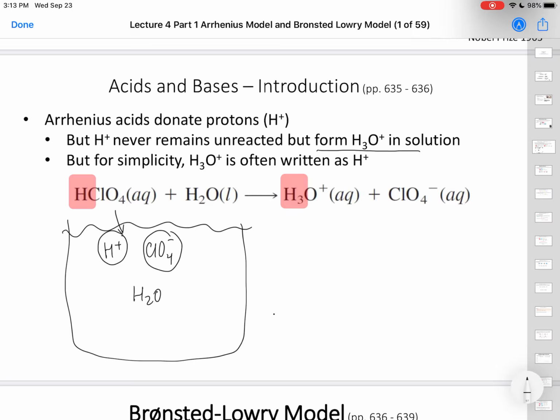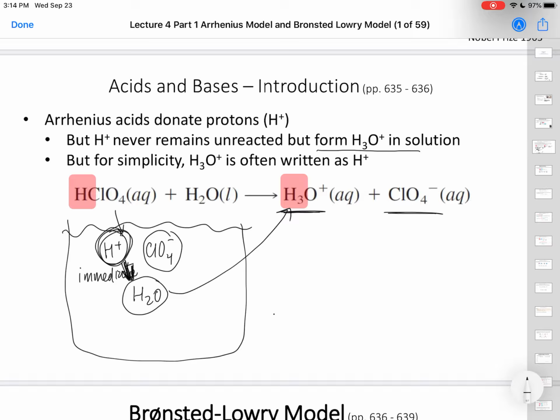And so H+ will immediately see a water molecule and form H3O+. So really, once HClO4 dissociates, it immediately forms H3O+ and ClO4-. There really isn't any free H+ in solution, because the moment H+ is produced, it immediately finds an H2O and forms H3O+. This is almost an immediate situation.